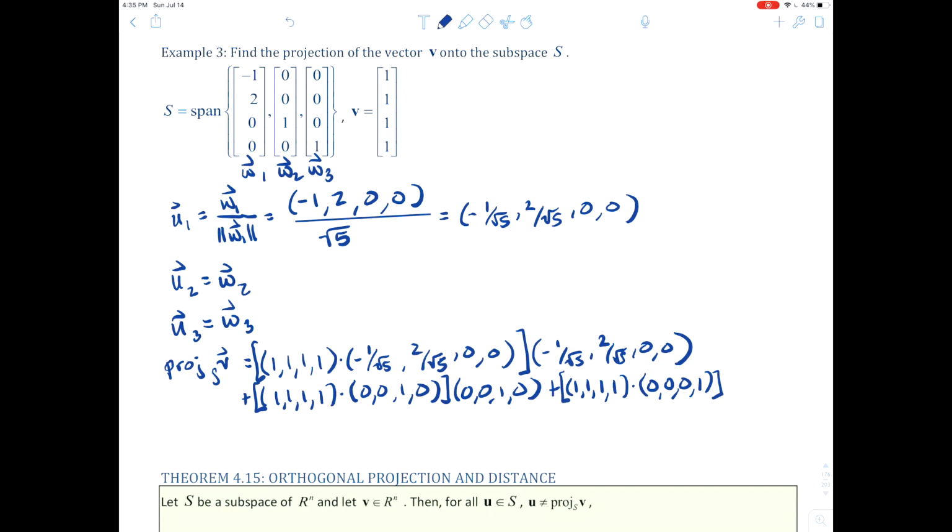And then that scalar will be multiplied to the vector 0, 0, 0, 1. Cool so far? So our very first one, what is this dot product here? We'll have -1 over root 5 plus 2 over root 5 plus 0 plus 0. So this dot product will be positive 1 over root 5, right? So then when I multiply this together, what's going to happen?